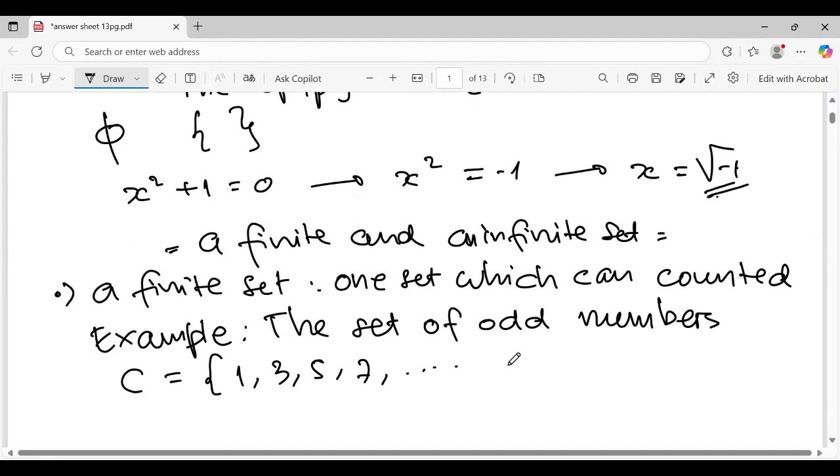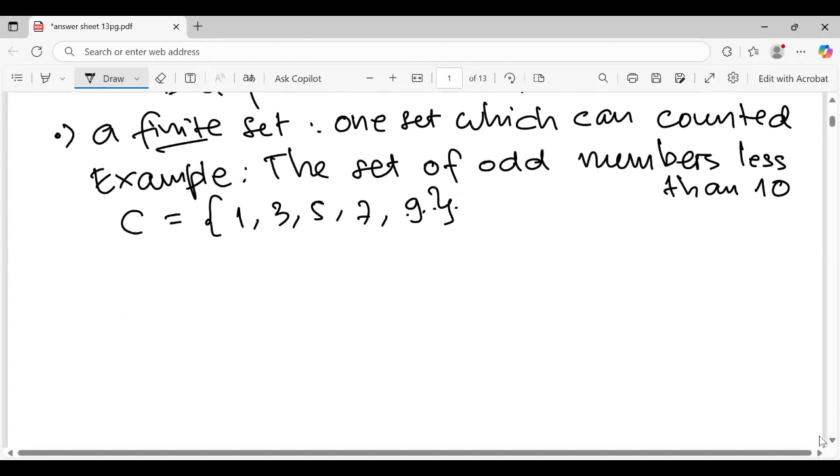And for a finite set, odd numbers less than 10 are 1, 3, 5, 7, 9. So this is the set C according to this information. So the members or the elements of set C are 5 elements. Okay, like this.